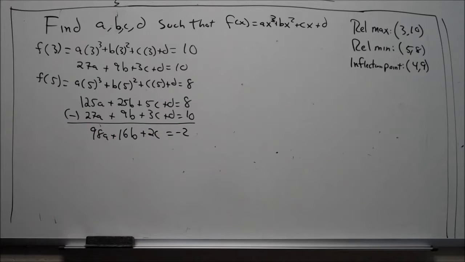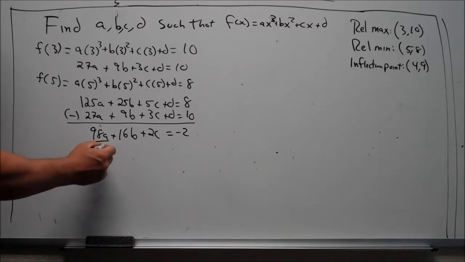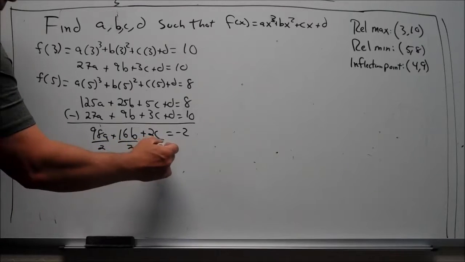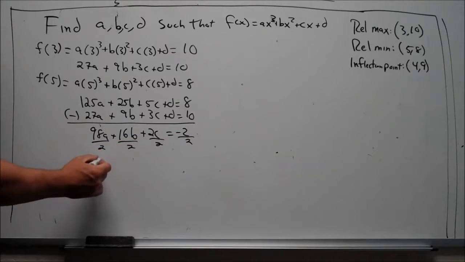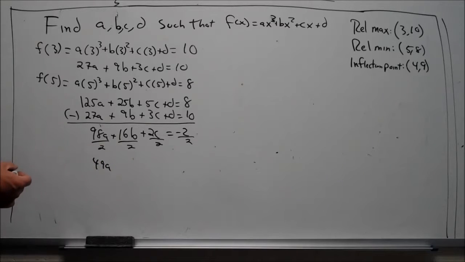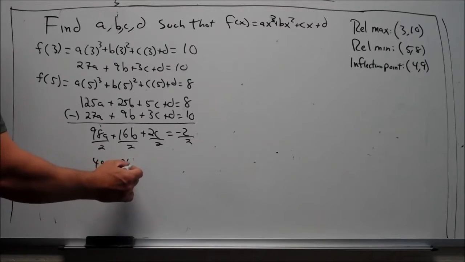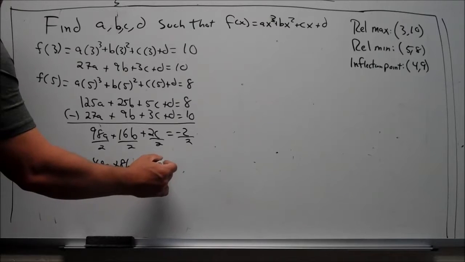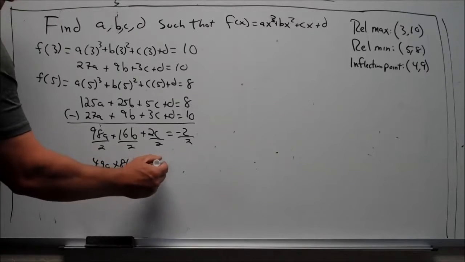And I guess if we want, we could divide everything by 2. So that 49a plus 8b plus c equals, sorry, it's negative 1.